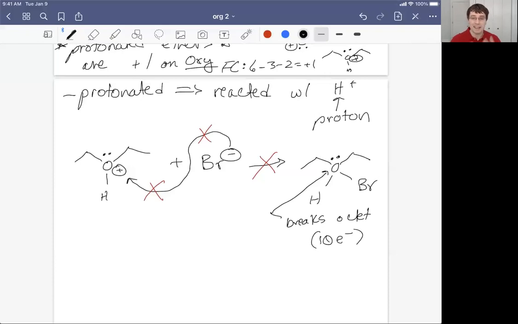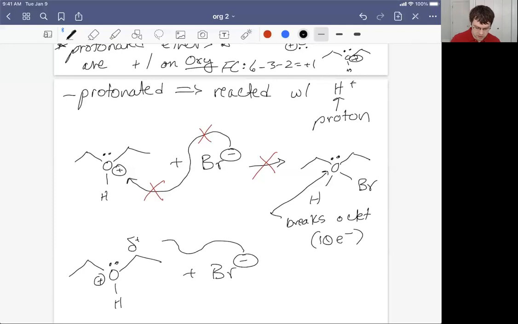Okay, so we can't directly engage the oxygen, but we do have another opportunity. We could engage the carbon next door to the oxygen. It's already got a delta positive. And that delta positive is probably stronger because the oxygen next door is even more electron deficient.